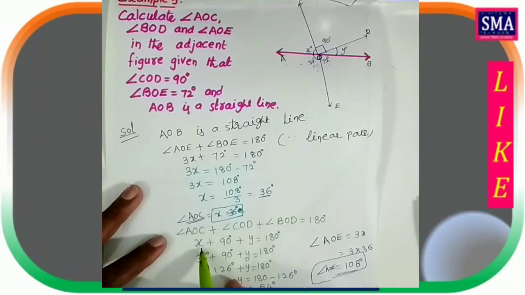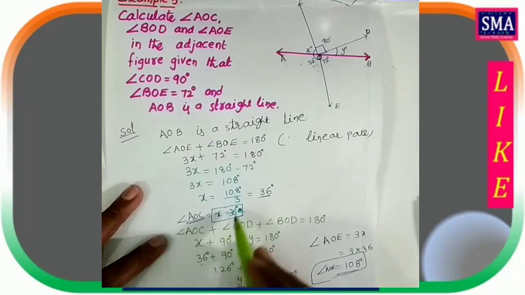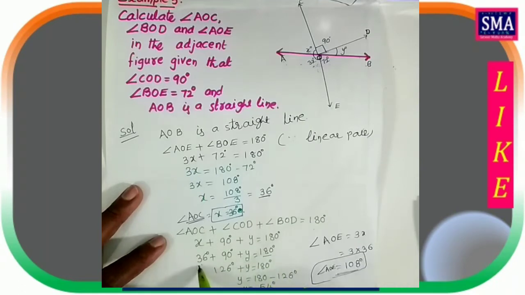This property is used here. With x as 36 degrees, 36 plus 90 plus y equals 180 degrees. 36 plus 90 is 126 degrees, transposed to the right side, 180 minus 126 is equal to 54 degrees. Okay.